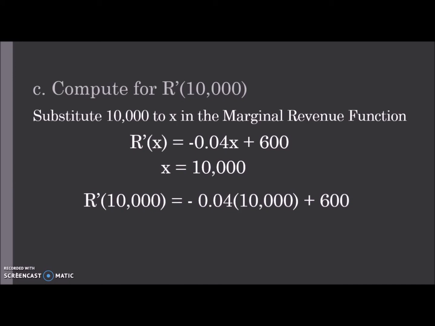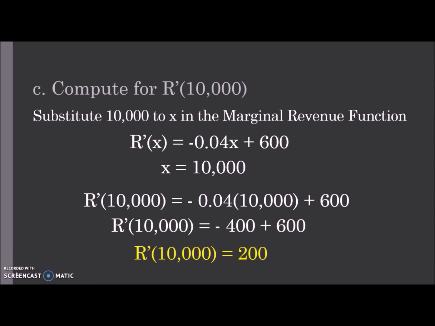So once we substitute 10,000, we will have R prime 10,000 is equal to negative 0.04 times 10,000 plus 600. And once we multiply negative 0.04 to 10,000, we will get negative 400. So we have R prime 10,000 is equal to negative 400 plus 600, and we will get 200. So our R prime 10,000 is equal to 200.